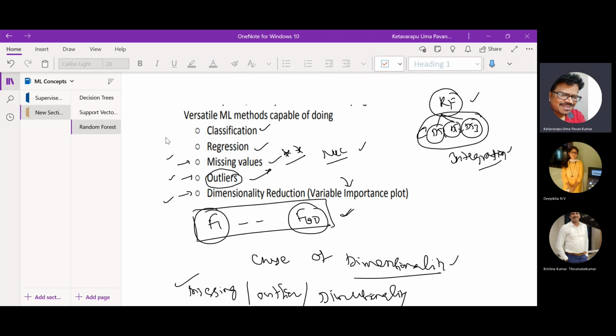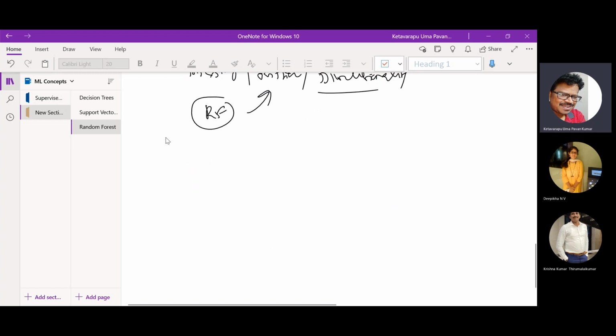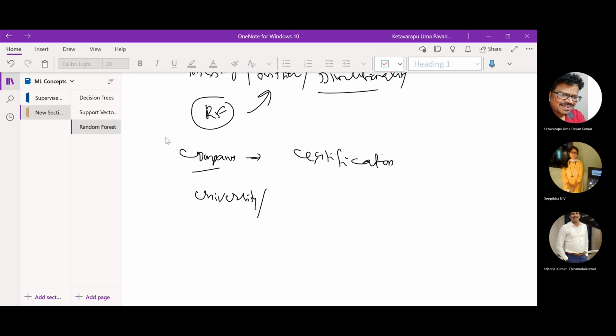Outlier analysis is something like this. Earlier also we have seen an example in a company where I want to get how many persons have completed a certification, maybe a university certification. Nowadays universities, edu tech companies, Microsoft, Databricks or Oracle offer various certifications on data science and machine learning.